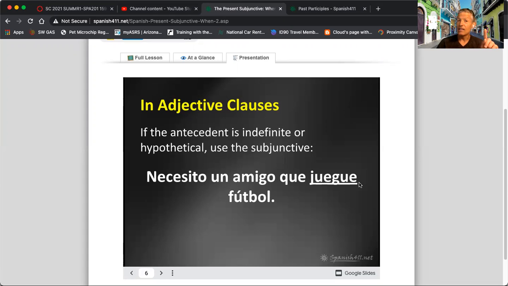Since I'm saying I need, this person may or may not exist. They're not definite. So everything that's used to describe this person in the adjective clause has to be in the subjunctive, because remember, the main focus of the subjunctive is to describe things that may or may not be. That's why we call it the subjunctive mood and not the subjunctive tense, because it describes something that may or may not exist, that's hypothetical.